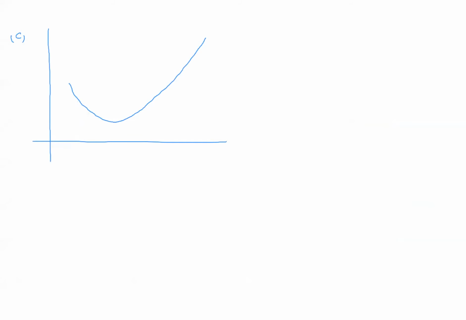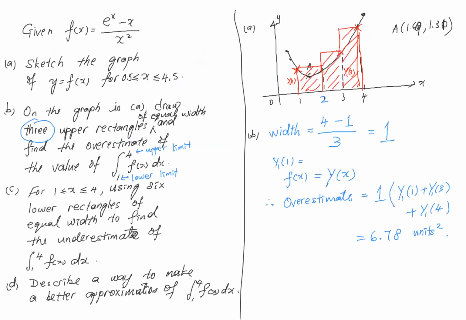Okay, I have. So now let's get the width first. The width will be 4 minus 1 divided by how many rectangles? 6 rectangles. So each rectangle, the width will be 0.5. Am I right? If you read the question, part C. Okay?